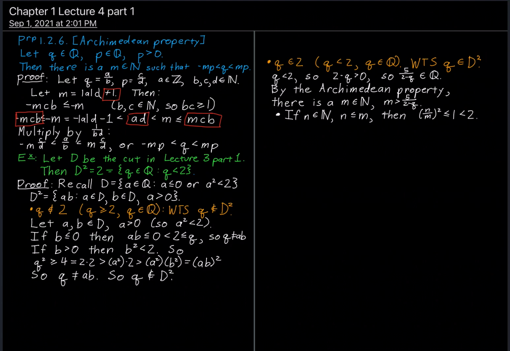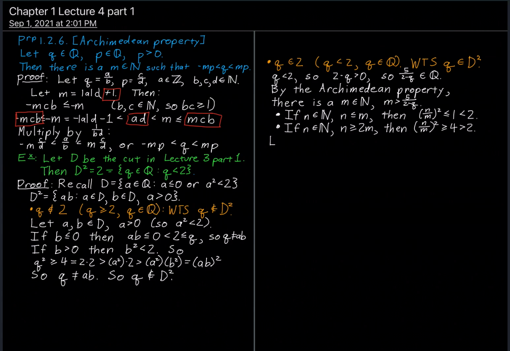So in particular, if n is 1 or n is m, then n over m squared is less than or equal to 1, is strictly less than 2. And conversely, if n is a natural number and n is bigger than or equal to 2m, then n over m squared, that's at least 2 squared, is at least 4, is strictly bigger than 2.